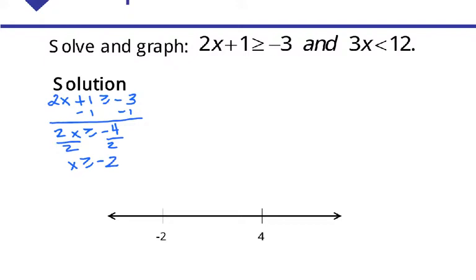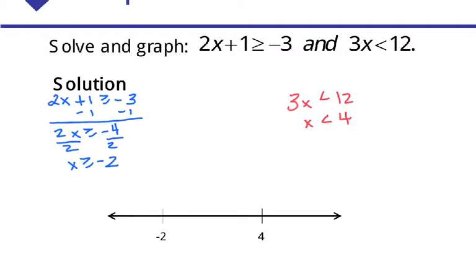And over here, we get 3x is less than 12. X is less than 4. So to graph this, I'm going to, on top of the number line, do both graphs so you see how they come together. You wouldn't normally do this, but I just want to show you how they're going to come together.